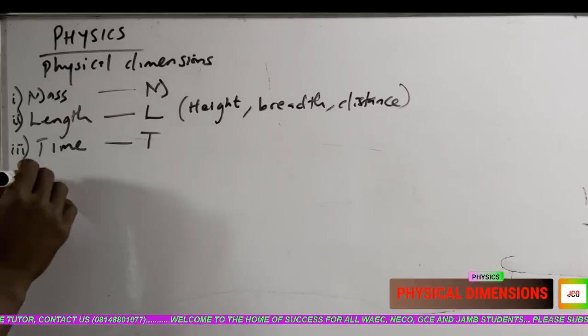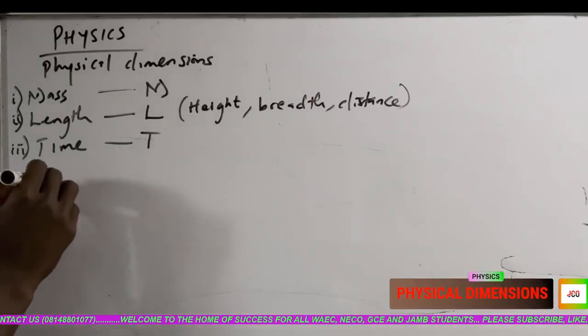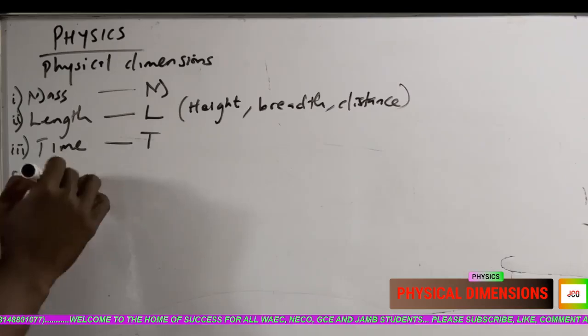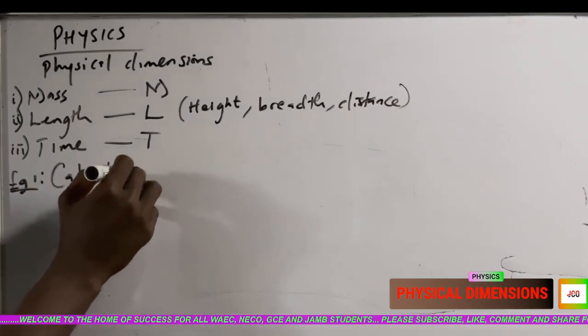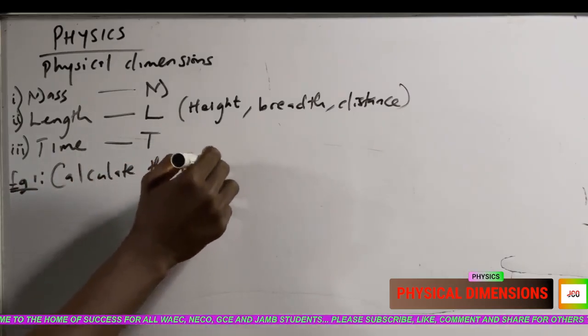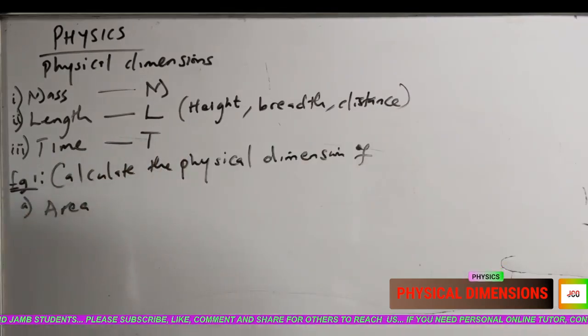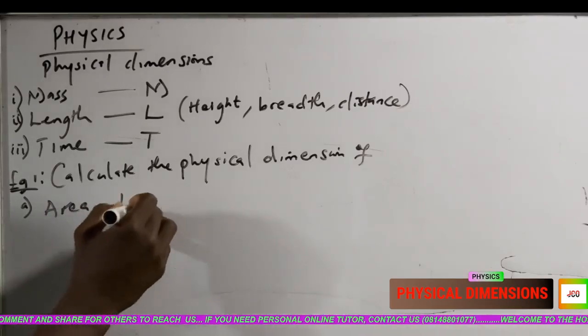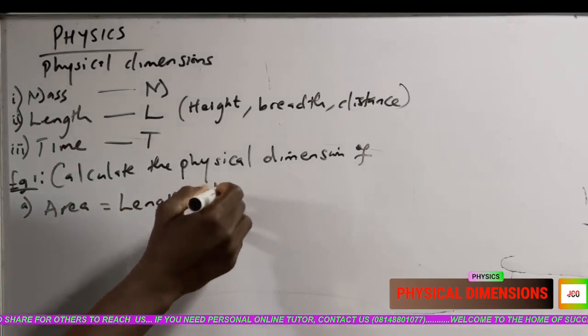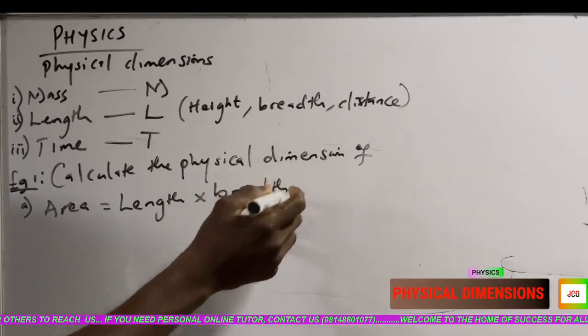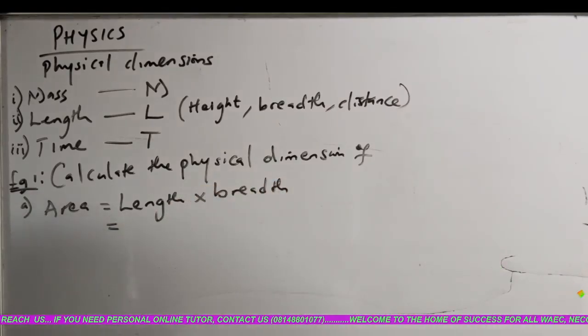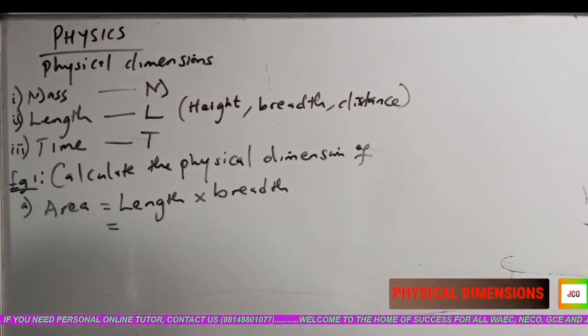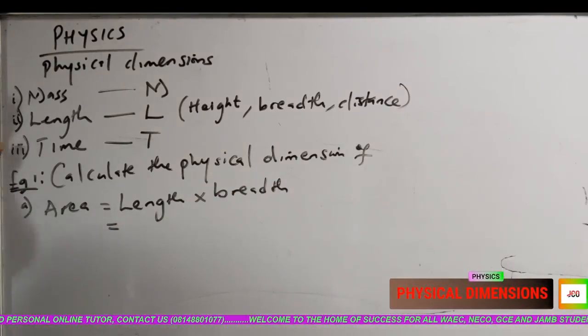Let's calculate the first physical dimension. Question 1. Calculate the physical dimension of area. So what is the formula for area? Of course, look at the table at your right. The formula for area is length times breadth. So you bring out your formula, length times breadth, and then we are going to change it to its equivalent among the physical dimensions.